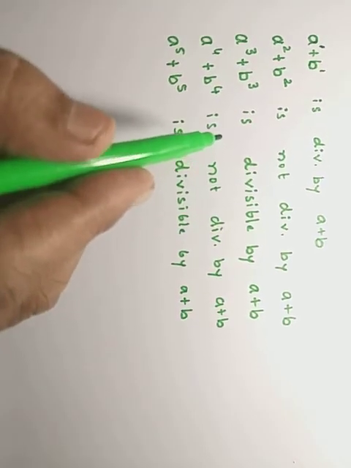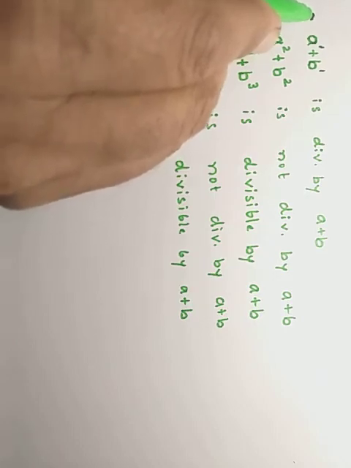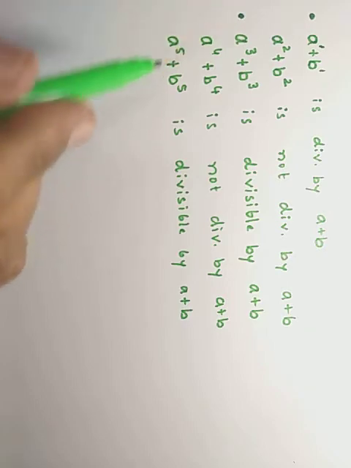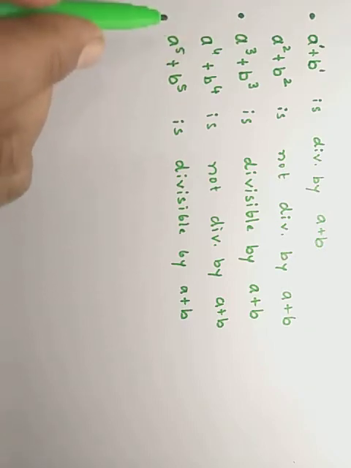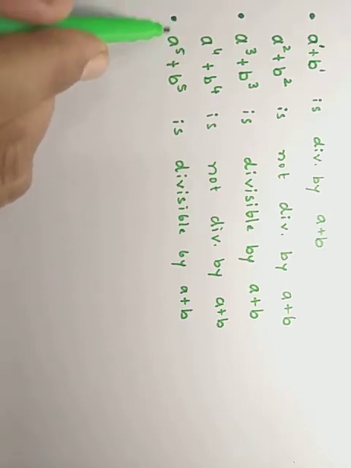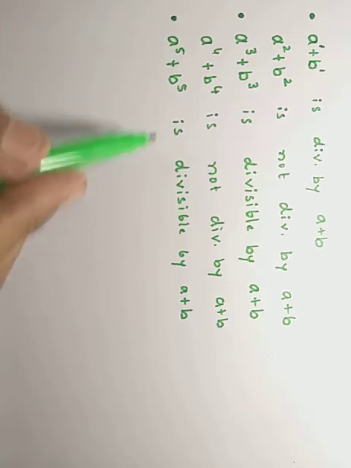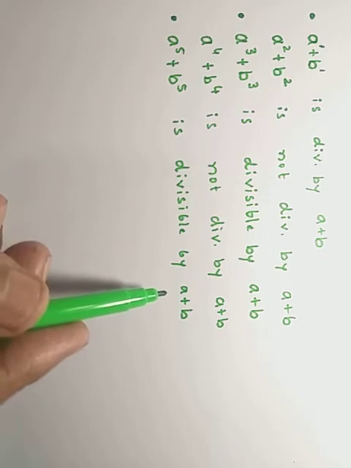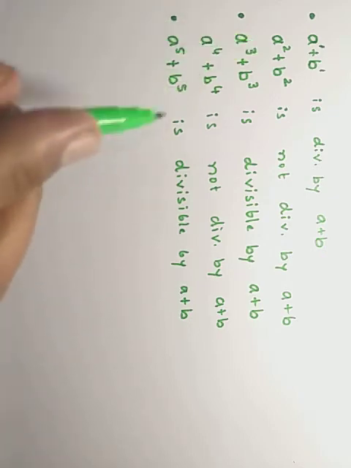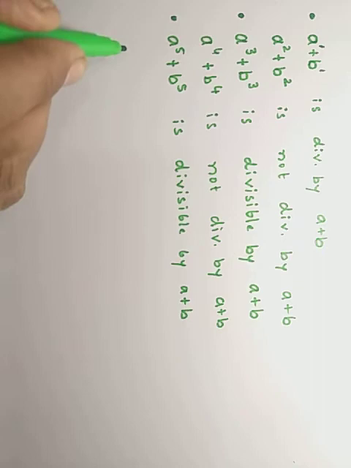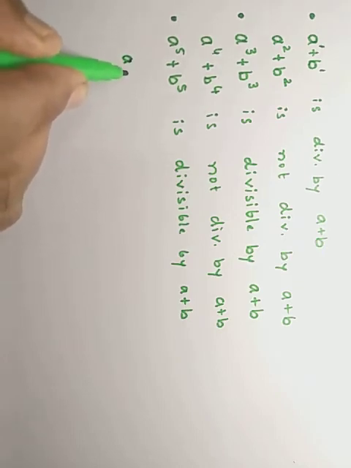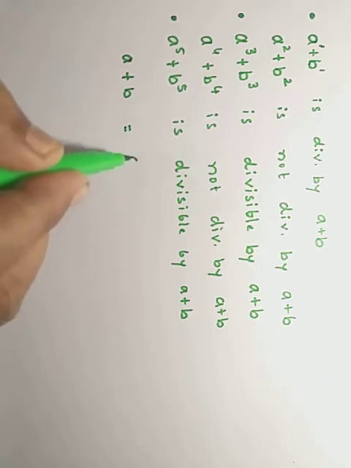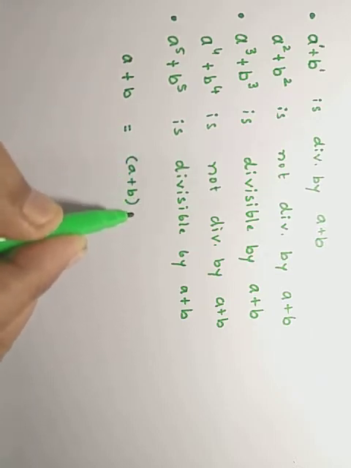It is divisible by A plus B, and A cube plus B cube is divisible by A plus B. A to the power 5 and B to the power 5 is divisible by A plus B. Because A plus B is as usual written as its factors are A plus B and 1.